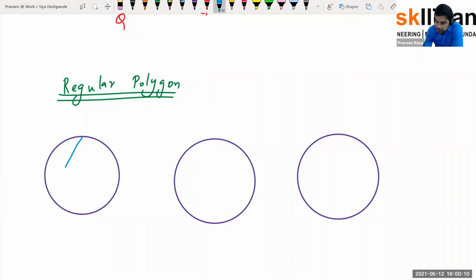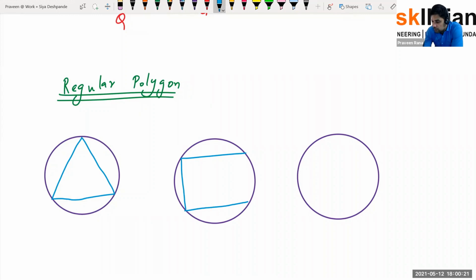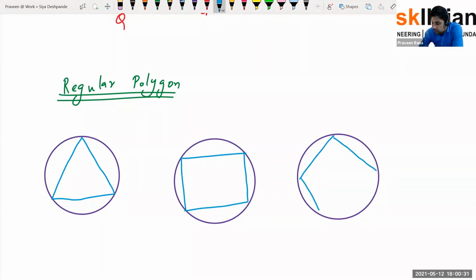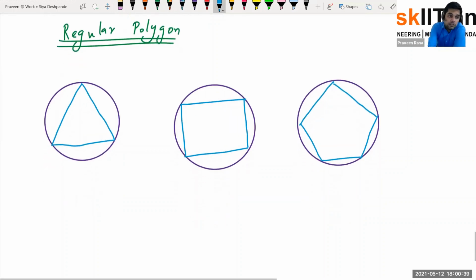Let's say our first polygon would be an equilateral triangle. Our second polygon would be a square, and then a pentagon, then a hexagon, and so on. Each of these regular polygons can be drawn inside a circle.